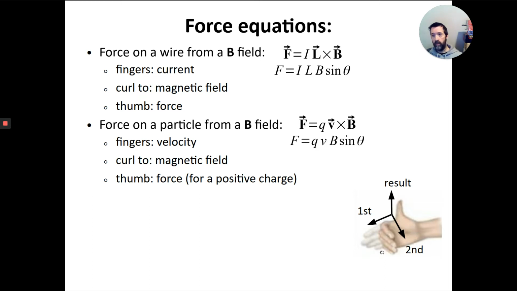So it's easy for charged particles to move in the same direction as a field. But if they try to move across the magnetic field, they try to cross field lines, that's when you get a force exerted on them.